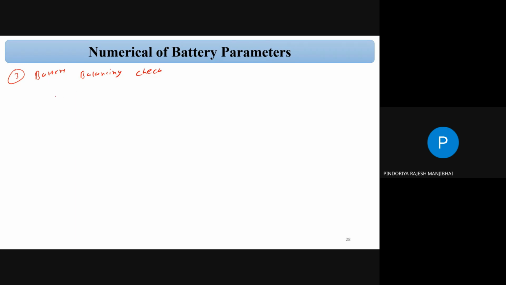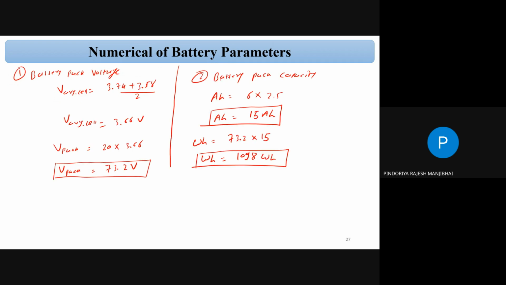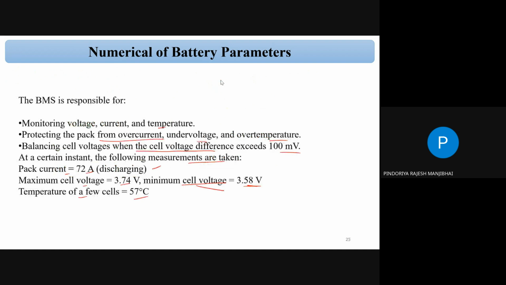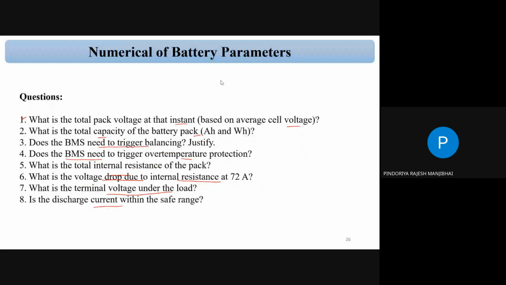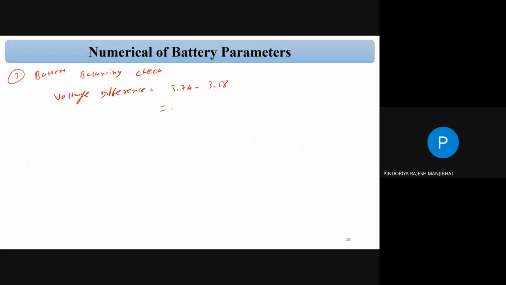So voltage difference is equal to 3.74 minus 3.58. Why 3.74? There is a maximum and minimum. Maximum voltage is 3.74 and minimum voltage is 3.58. So that is your difference, which is equal to 0.16 volt.